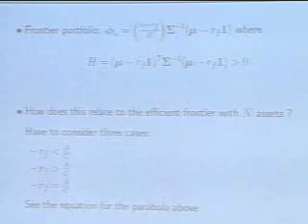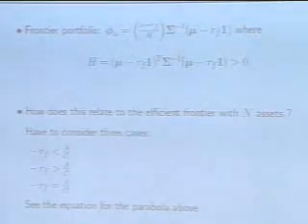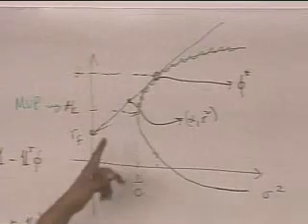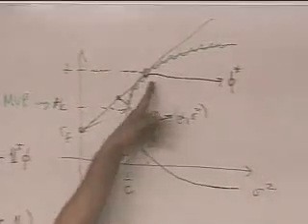If you draw a line from the alpha to the curve, it is this portfolio. Let's call this phi star for the moment, just so that point can be generated by investing a certain amount in this portfolio and a certain amount of the risk-free rate.